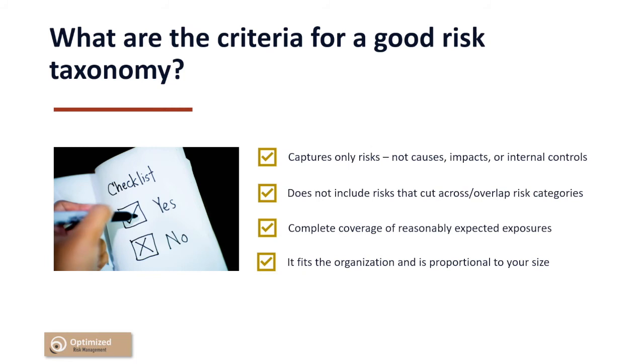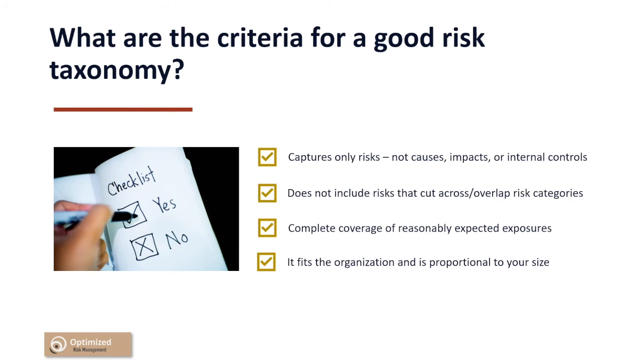It is also important that your risk categories do not overlap. What I mean by this is, when you identify a risk, there should be no confusion about which category it belongs in. Let's say you want to identify a risk that captures reputational risk. The problem with this category is that many things can lead to poor reputation.